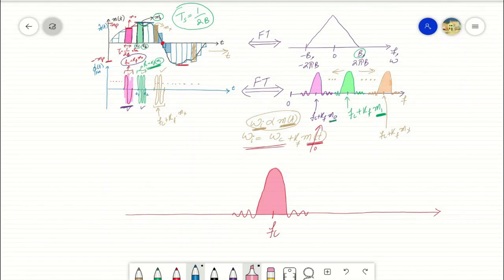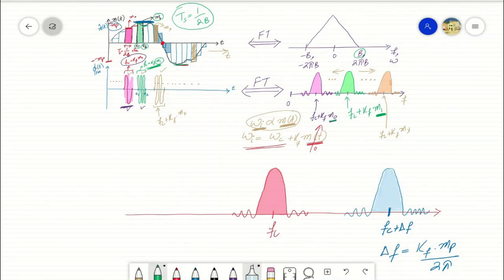Similarly, when the positive peak value of the information signal, that is MP, is observed, a maximum deviation in the modulated signal's frequency will be observed, and the sinc may be centered at some frequency which is delta f apart from the carrier frequency, where we defined delta f in the previous lecture as the peak frequency deviation, which was equal to kf into the peak amplitude of the information signal divided by 2 pi for the case of frequency modulated signals.